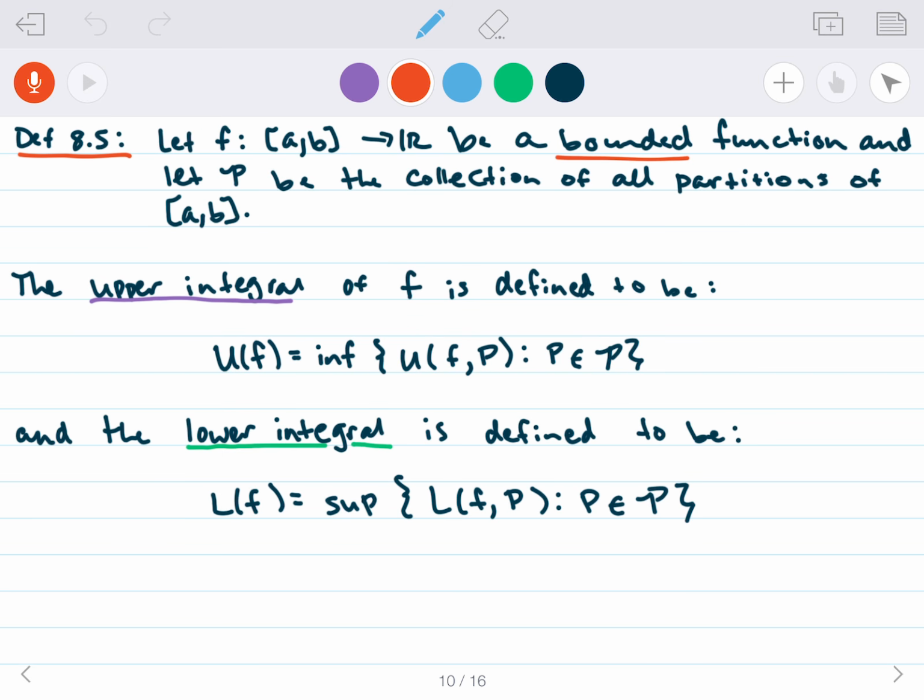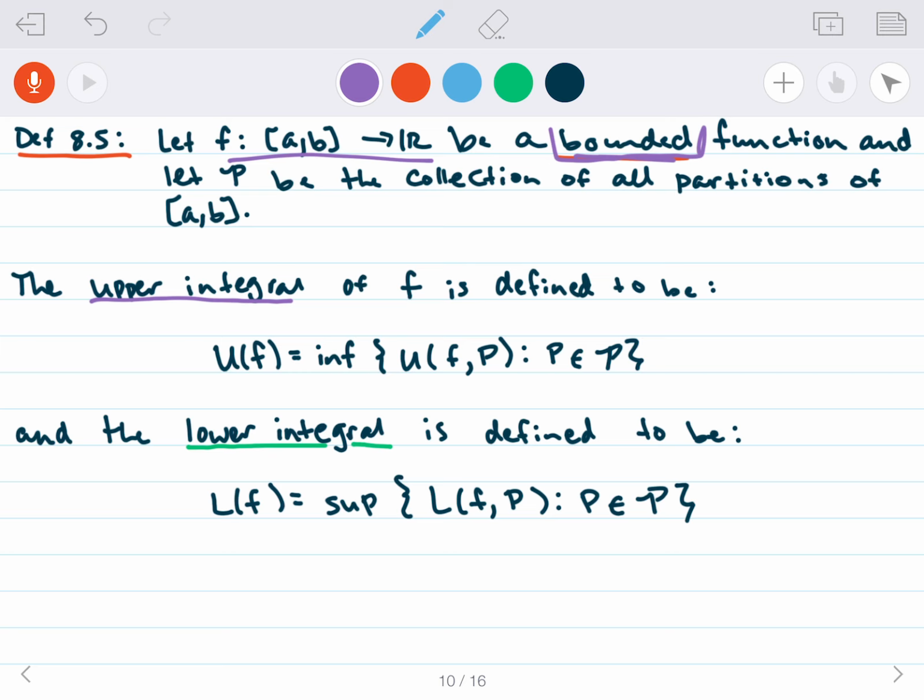Okay, so now that we have defined upper and lower sums, we can now define what the upper and lower integral of a function are. So let's say that we have a function and it's bounded. Okay, this is very important. So I'm going to highlight this. We can't integrate a function on an interval where the function is unbounded, right?